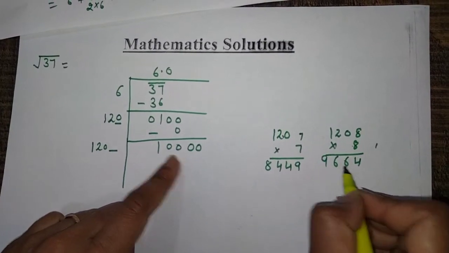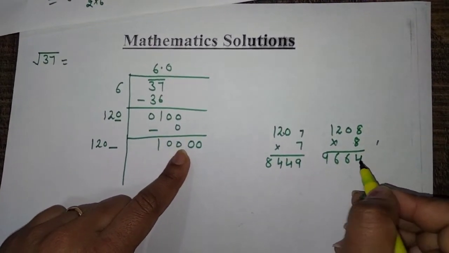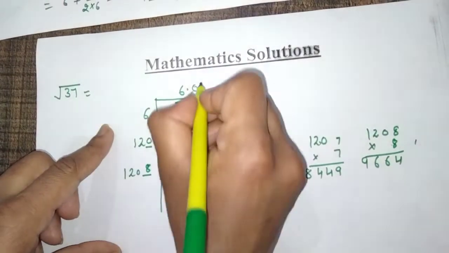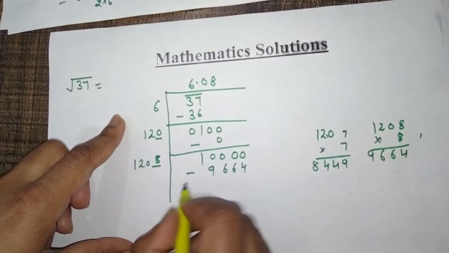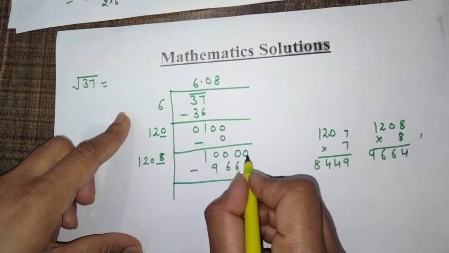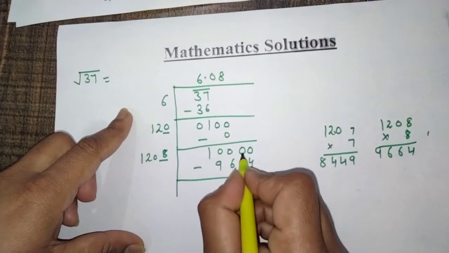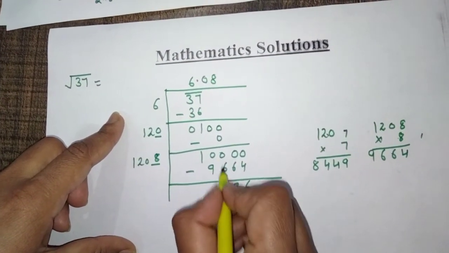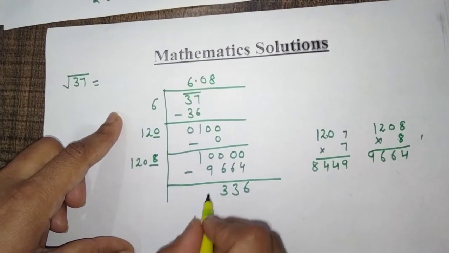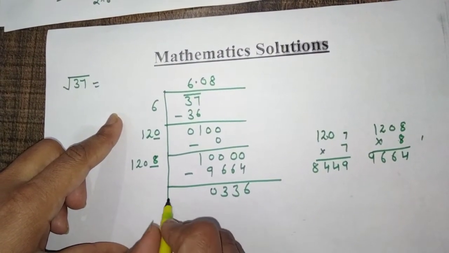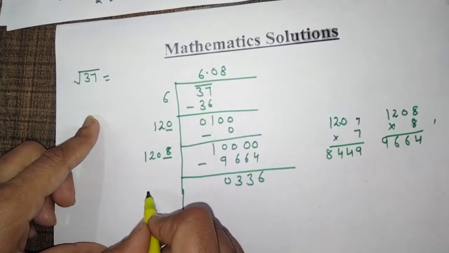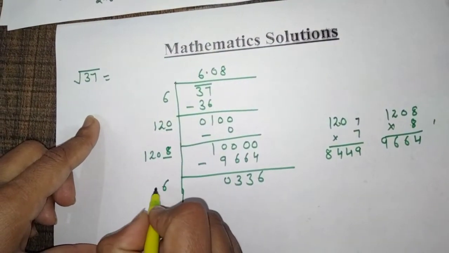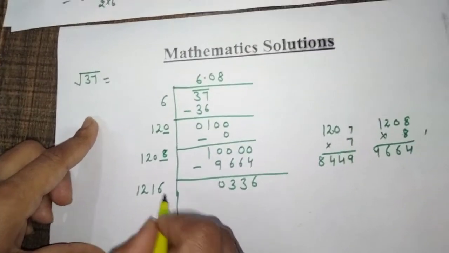This number is quite close to 10,000, so we will write 8 here. Now subtract. 10 minus 4, 6, 9 minus 6, 3, 9 minus 6, 3, 9 minus 9, 0. Now add the last digit of the quotient to this number and write here 8 plus 8, 16, 1216.